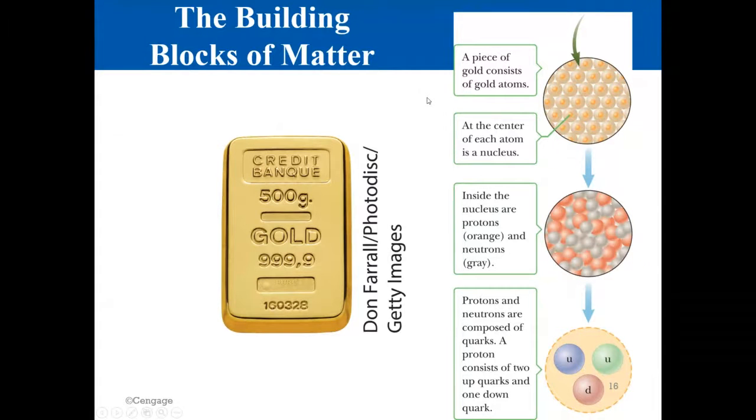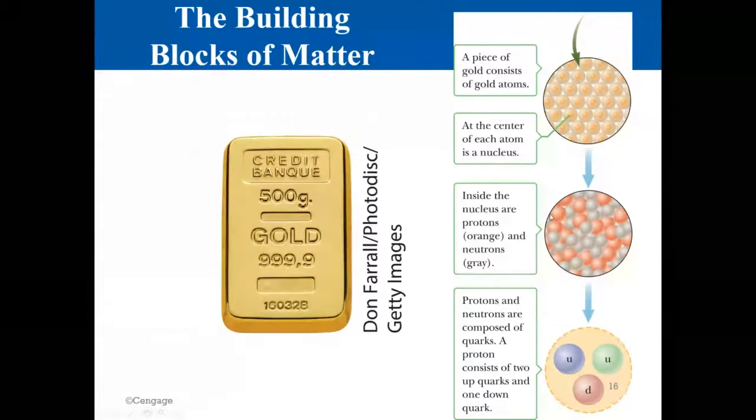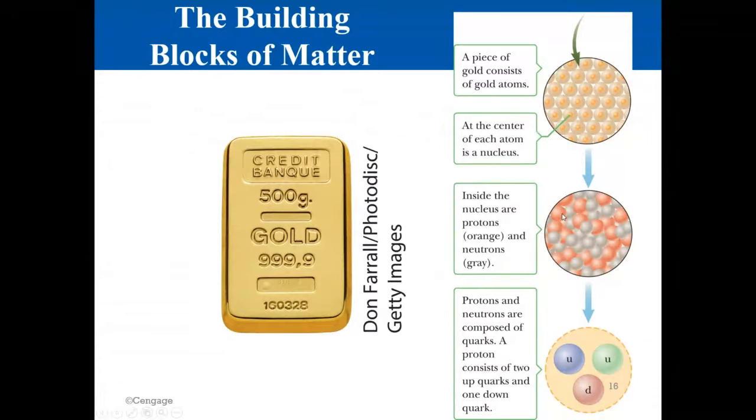Inside the atom, you will see particles, you will see neutrons and protons. Okay, so here protons are the orange ones, and neutrons are the gray ones.